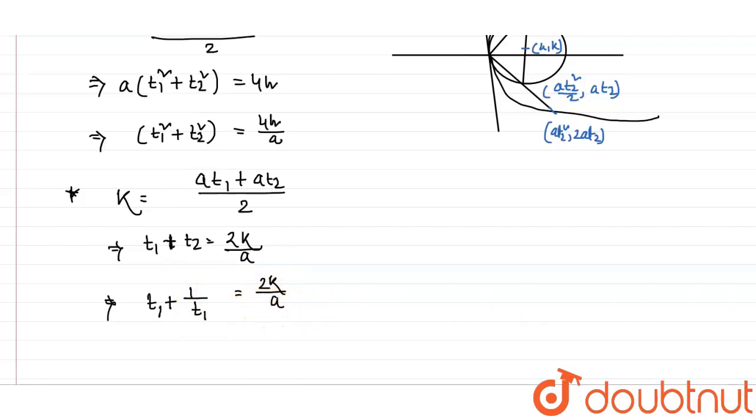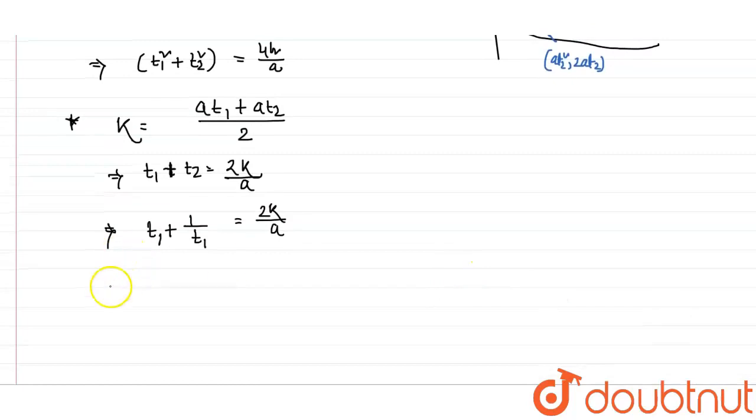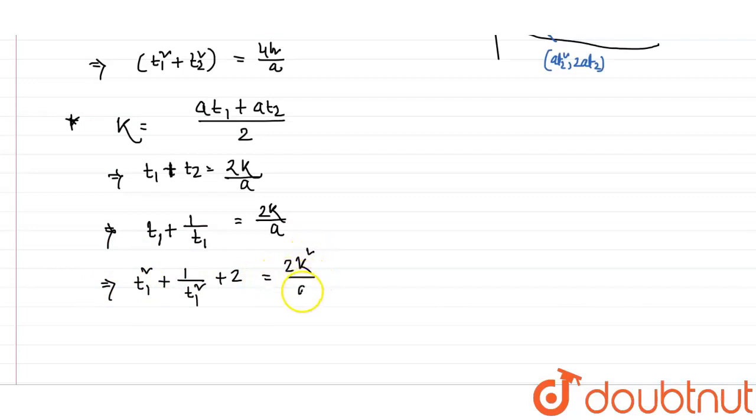If you square both sides, then what do we get? t1 square plus 1 by t1 square plus 2 is equal to 2k square by a square. Now from the earlier result, t1 square plus 1 by t1 square is equal to 4h by a.